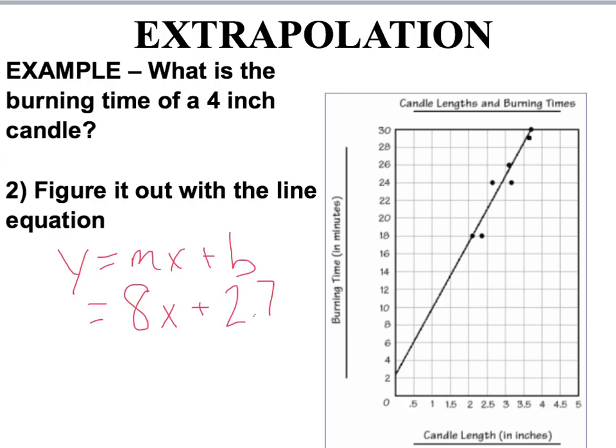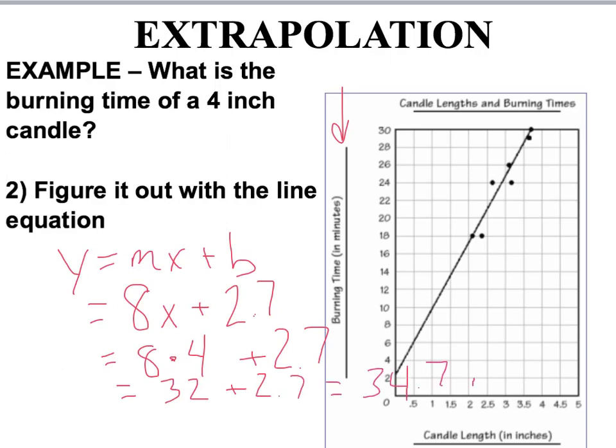So to figure out the burning time, which is y, what we're going to do is plug in 4 for x, work that with a calculator to give 32 plus 2.7, add those together, and you get 34.7 minutes. And I just realized that I used the wrong units a couple of slides ago, so please forgive me.